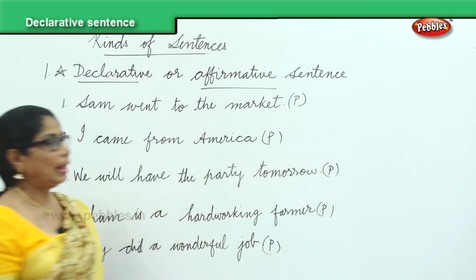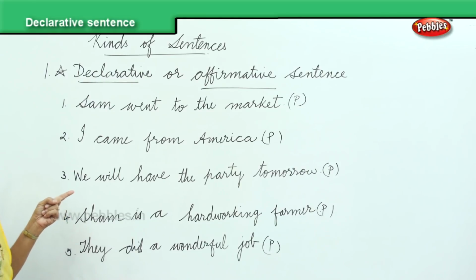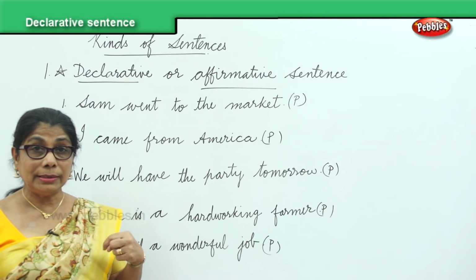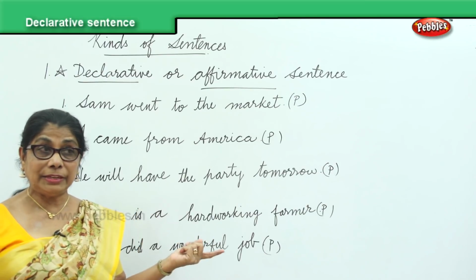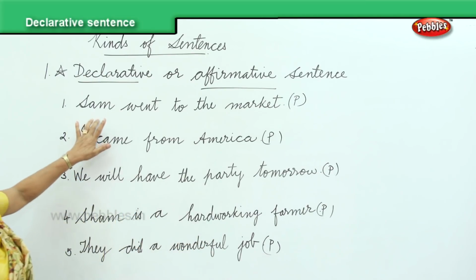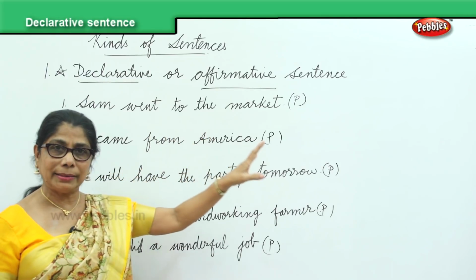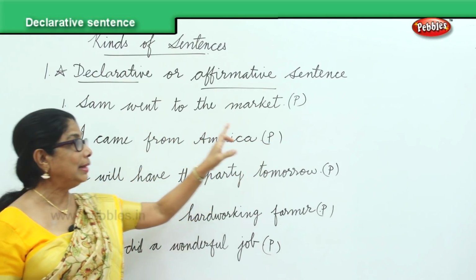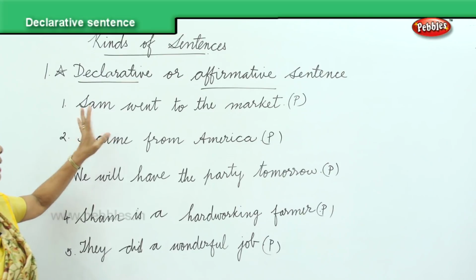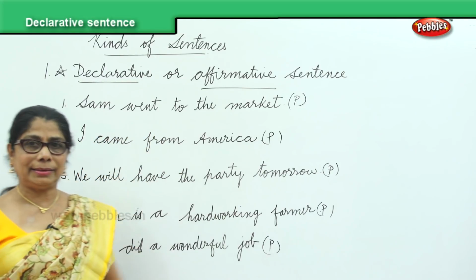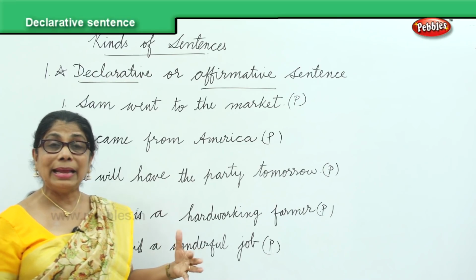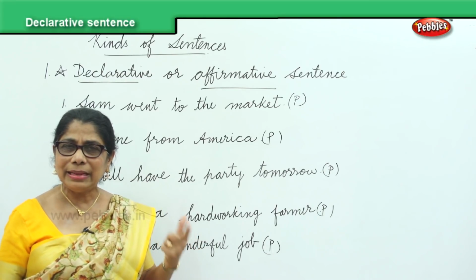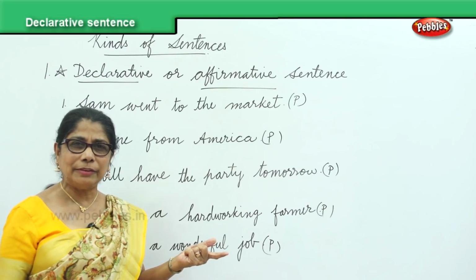Now, I will do this orally with you, and again I will do negative, declarative, affirmative sentence with you. Now, Sam went to the market. Now you give me the negative one. Sam did not go to the market. Or Sam will not go to the market. That becomes a negative, declarative, affirmative sentence.